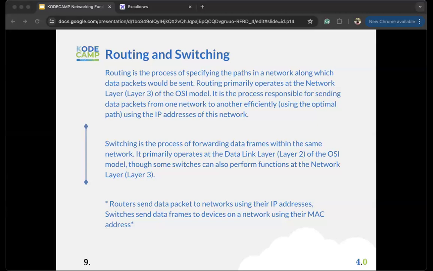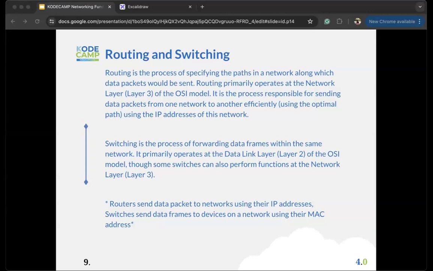This works with using the IP addresses of various networks. So when you send a packet on the network, you send it from a source IP to a destination IP. So routing is a process by which data is sent from one network to another network.